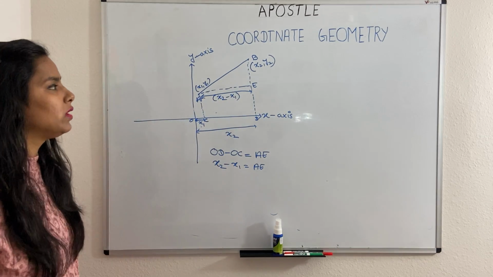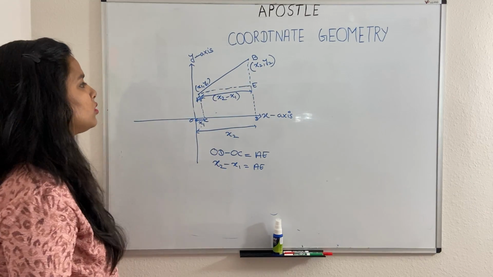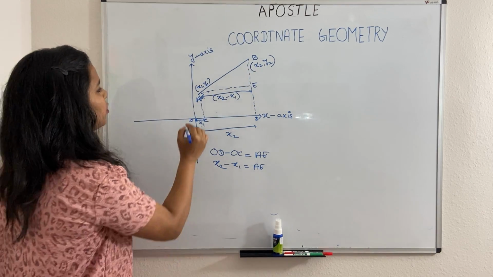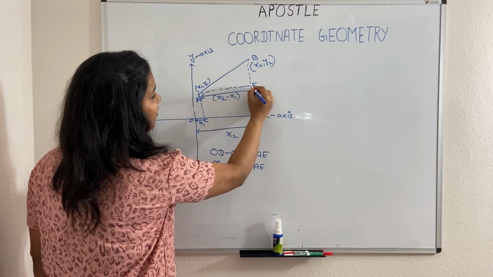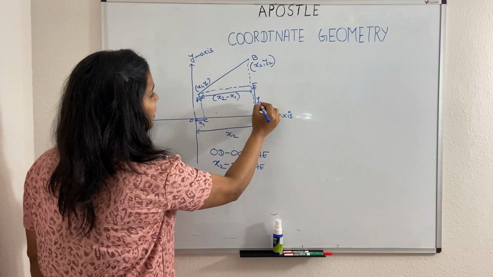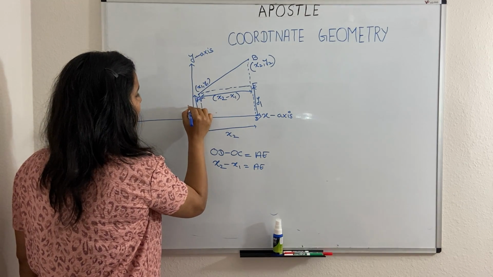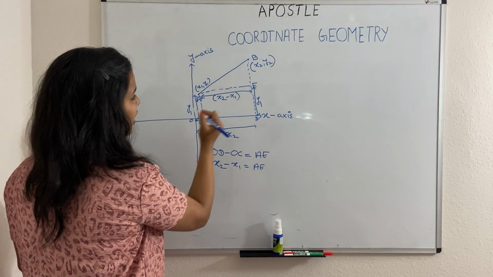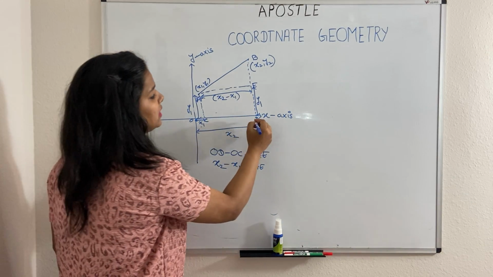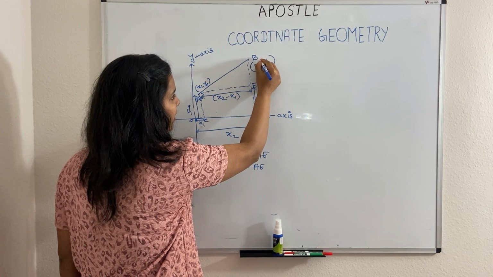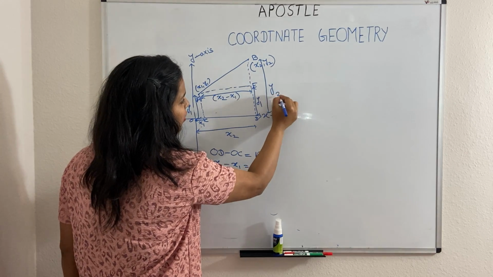Now we have to calculate the distance BE. To calculate BE, we know that this portion ED is y1, and this is a kind of rectangle, so the side in front of AC is ED, and this is also y1, and this line BD is y2.